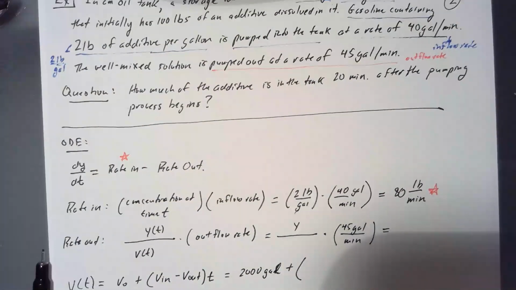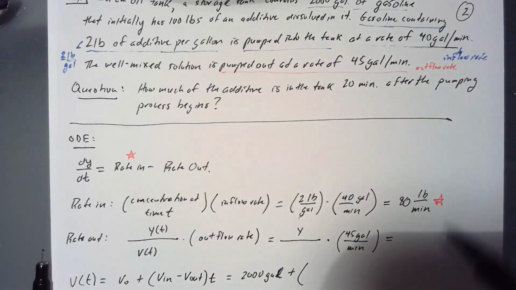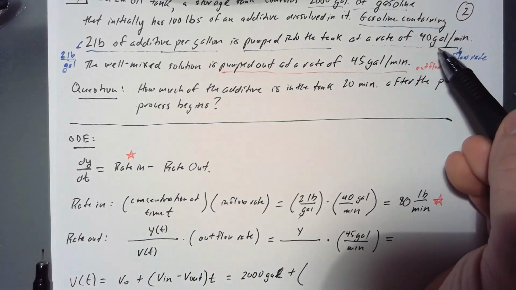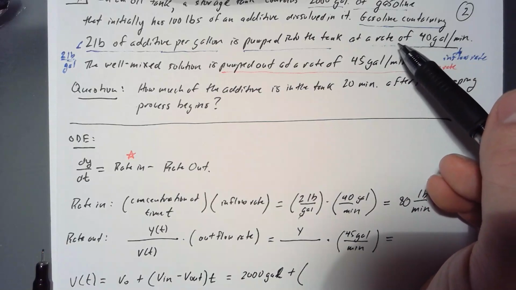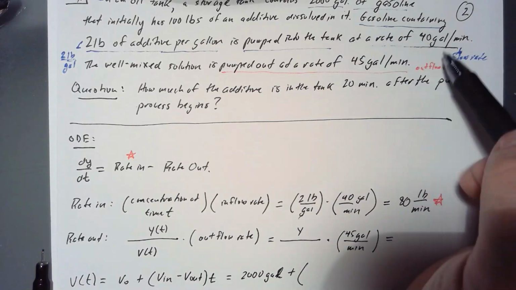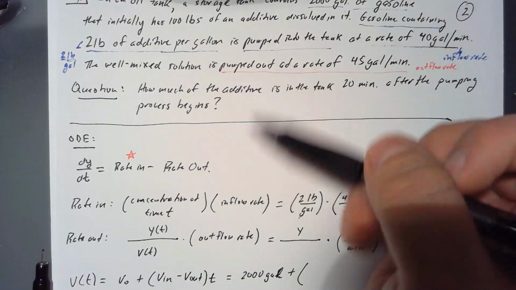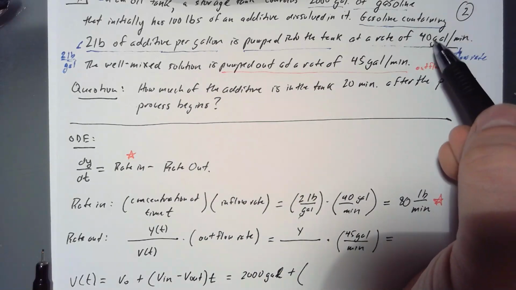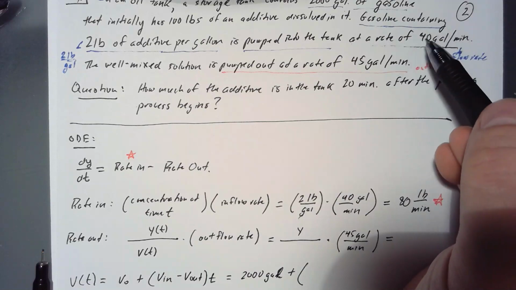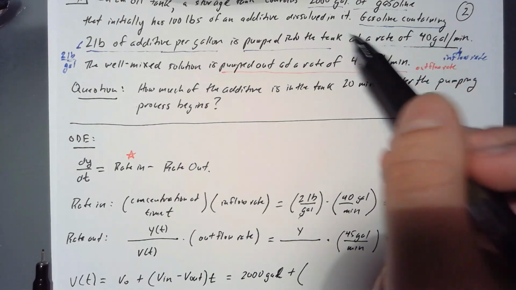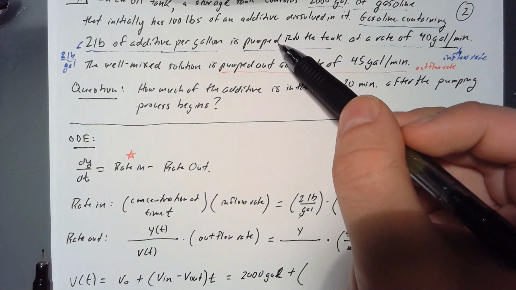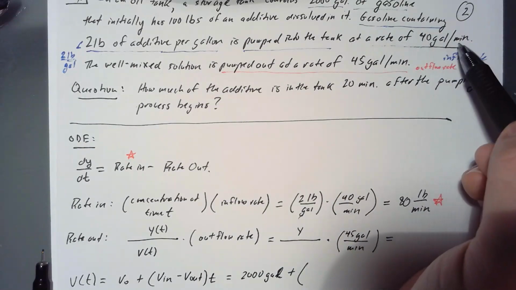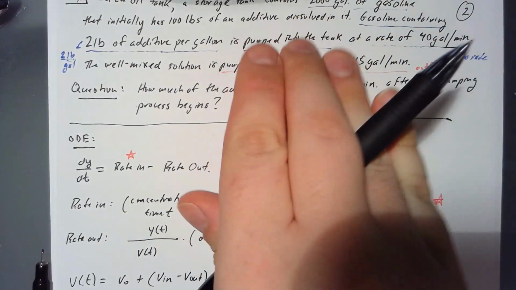The volume is changing. The volume coming in is the inflow rate minus the outflow rate of the volume. This is going to change the volume. The volume coming in is the inflow rate, pumped into the tank at 40 gallons per minute. That's going to make the volume either go up or down.